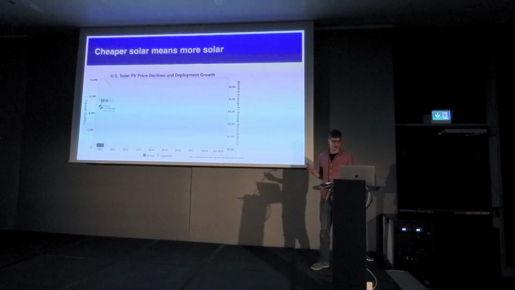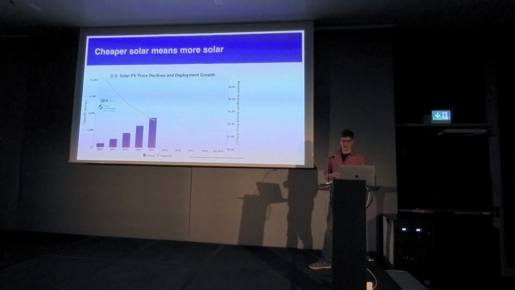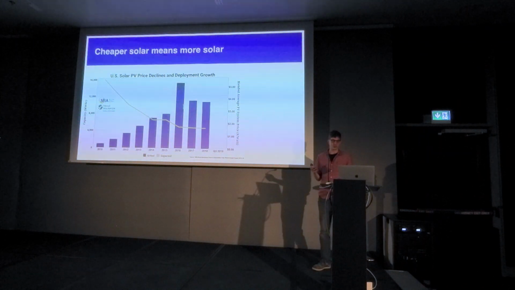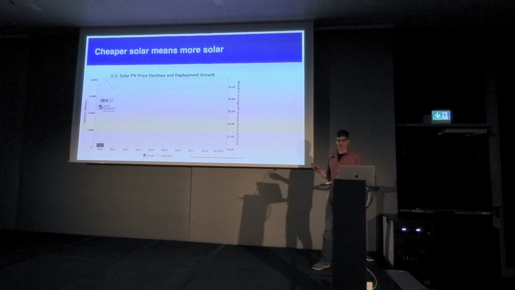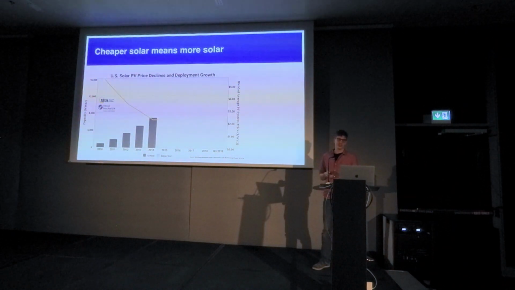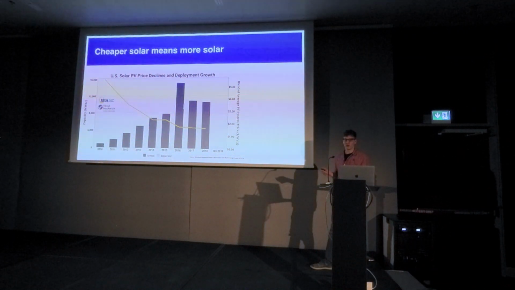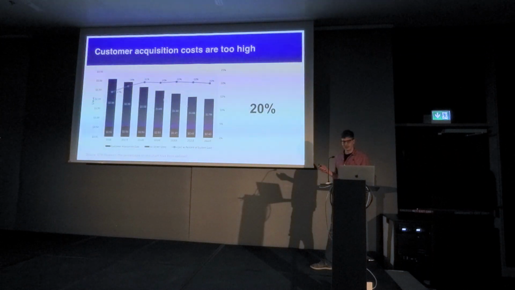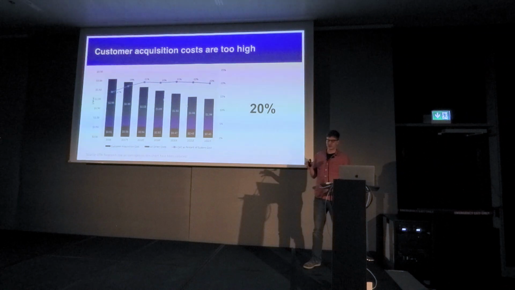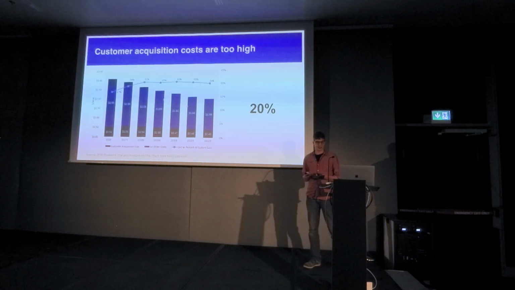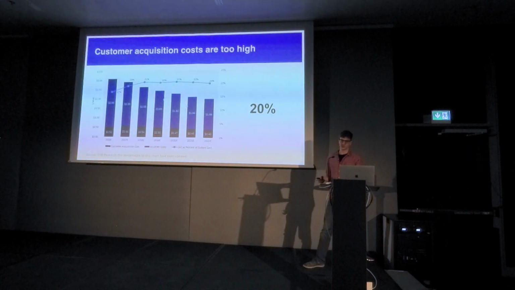Here's a plot showing, on the yellow curve, the price per watt for installed solar, and then the blue bars are the amount of solar installed every year in the U.S. There's a very clear economic trend that as solar gets cheaper, you get more and more solar installed. But now we're at a point where the material costs, like manufacturing, have gone down so much that the soft costs now account for about 60% of the cost of installing solar.